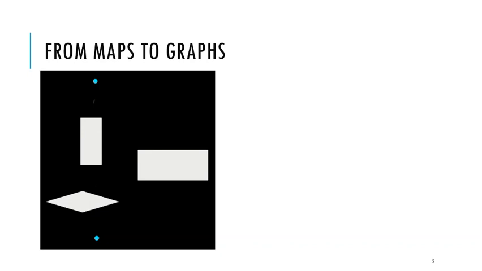So what's a graph? A graph is a collection of nodes and edges where the edges connect the nodes. So let's consider this all as a graph. You have a collection of all the nodes and edges. In this particular case of path planning for a mobile robot, one way to convert a map into a graph is to build what's called a visibility graph.